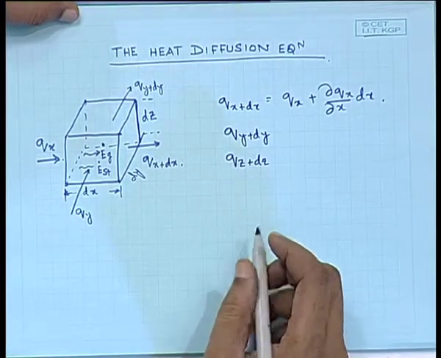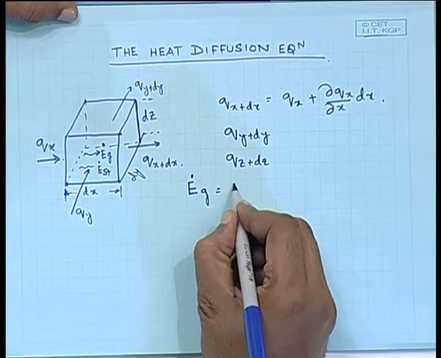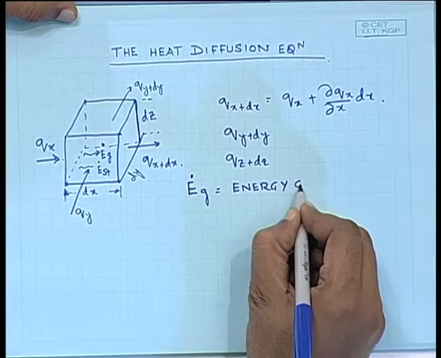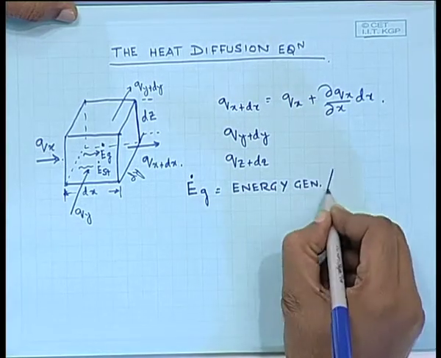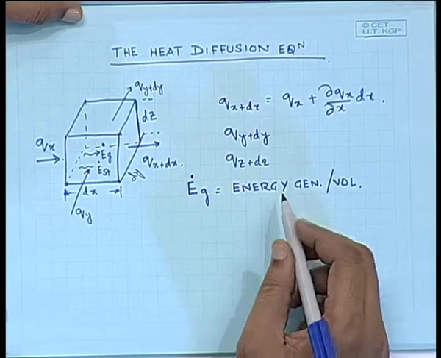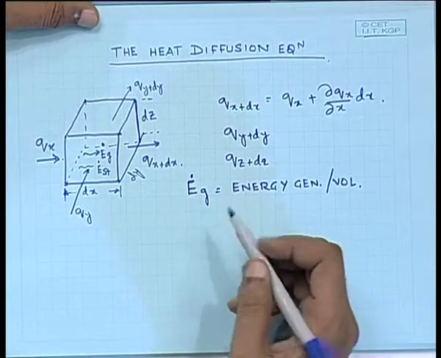Okay. And if E dot G is the energy generated per unit volume of the system, then the total amount of energy generated would be simply E dot G multiplied by dx dy dz.